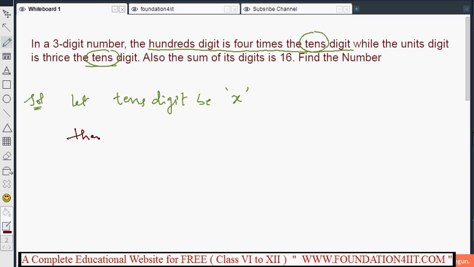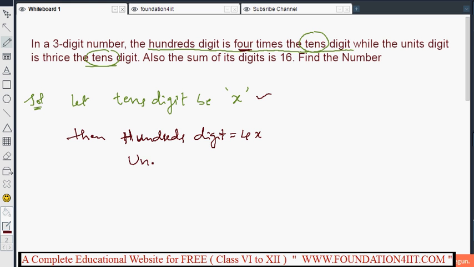Then the hundreds digit is 4 times the tens, so that is 4 into x, because the tens is x. So 4x.